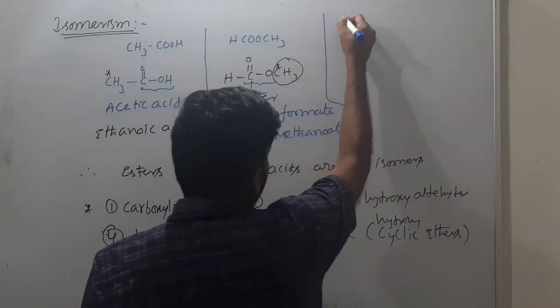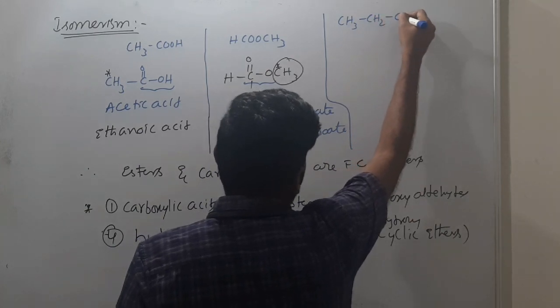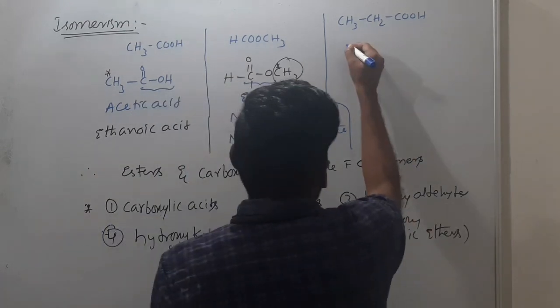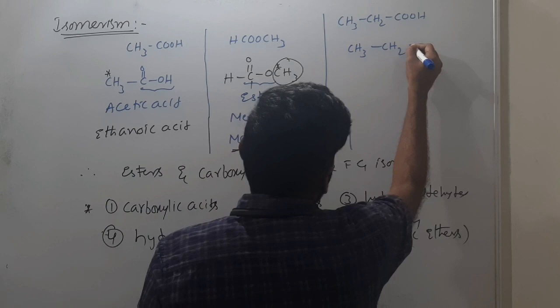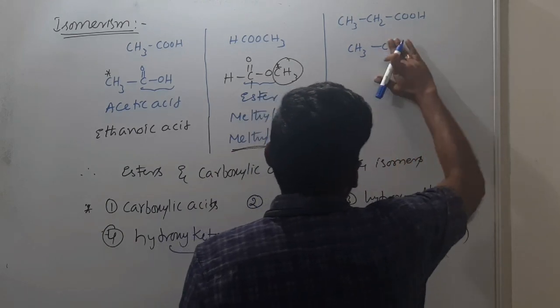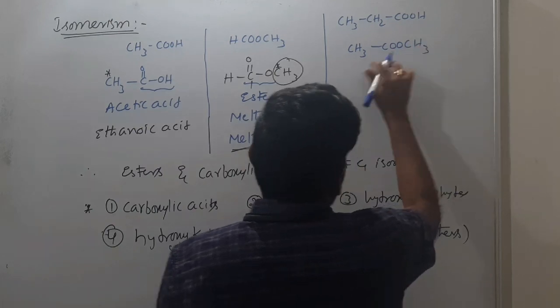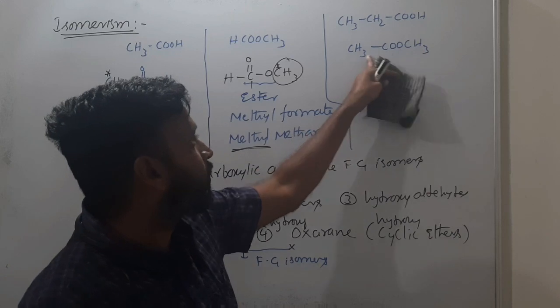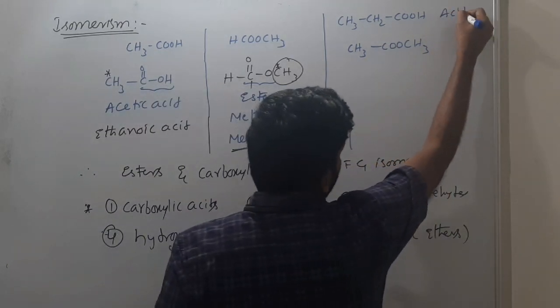Let's see an example here. CH3CH2COOH. What is this? Propanoic acid. And see this: CH3CH2 and CH3COOCH3. So methyl ethanoate, this one. So what is this? This is carboxylic acid.